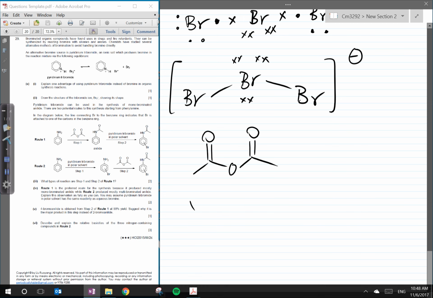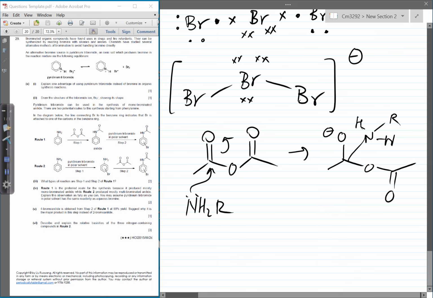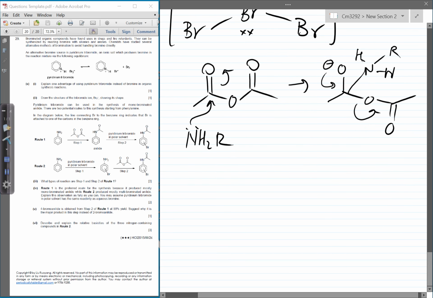So you have your NH2R attacking here, just for your info. O minus, and then you have NHH. Anyways, the mechanism already went through. Afterwards, you just come back down and kick away the ethanoate, and then you have the amide here. Step 2 is an electrophilic substitution reaction. This one is quite obvious.